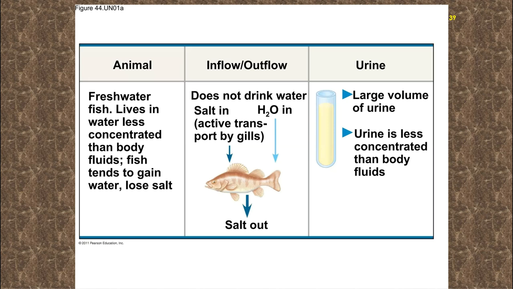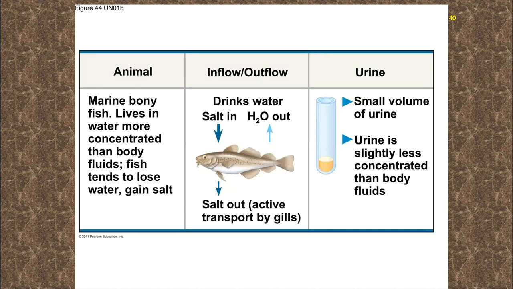So these animals produce a large volume of urine with very little salt content compared to that of the body fluid. The marine fishes live in water more concentrated than that of the body fluids.